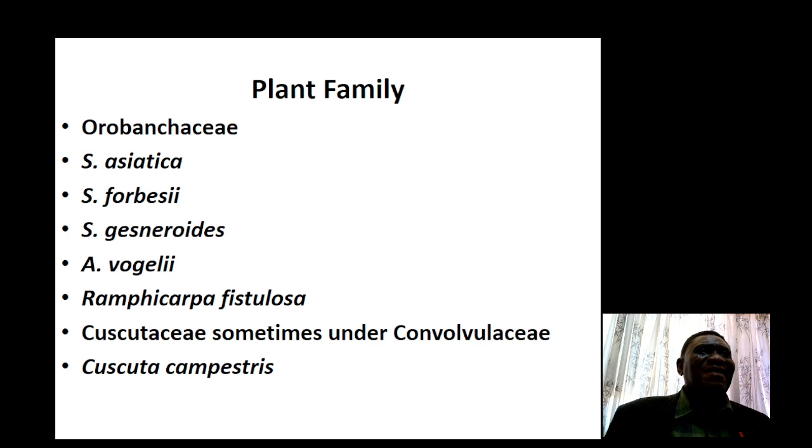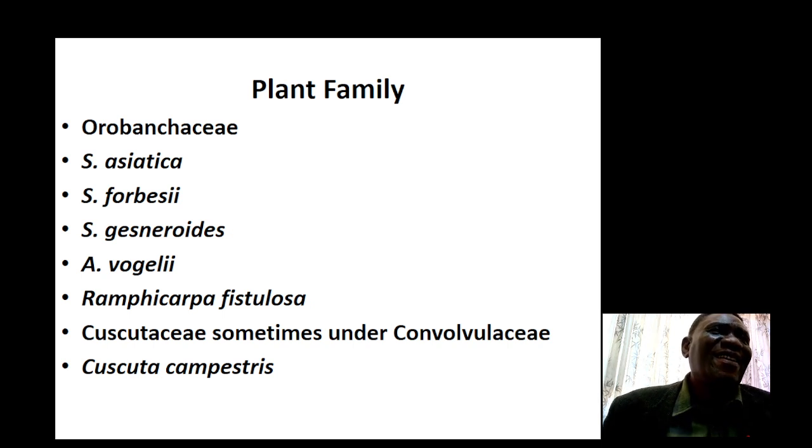Quite a number of parasitic weeds under that classification. Then we have one parasite under Cuscutaceae, or sometimes known as the Convolvulaceae. That is Cuscuta campestris.